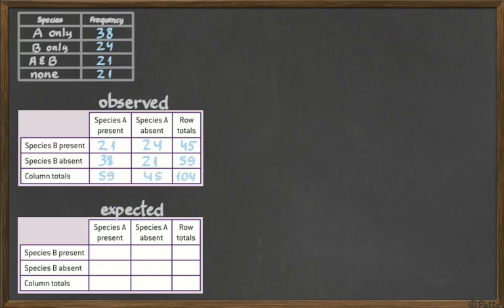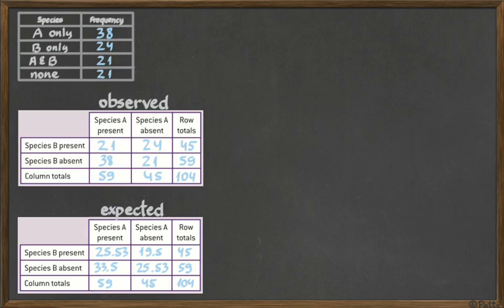And then to calculate the expected values, what I am going to do is multiply the total of the row by the total of the column and divide by 104, the overall total. So I have those values over there, and I find 25.53, 33.5, 19.5, 25.53.